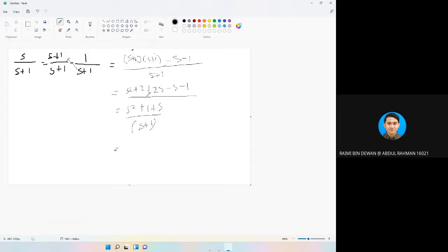Am I missing something? Wait for a while. s squared, and then 2s. Minus s, 2s minus s is 1s. 2 minus 1.